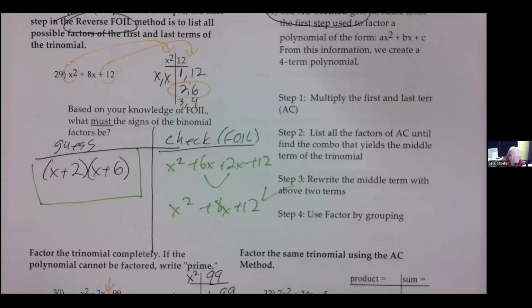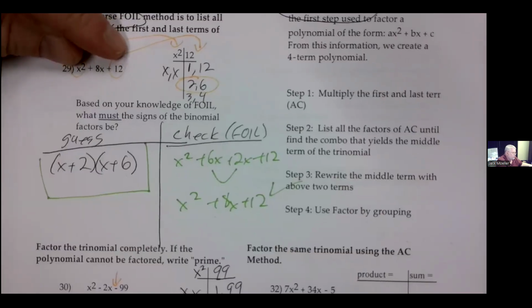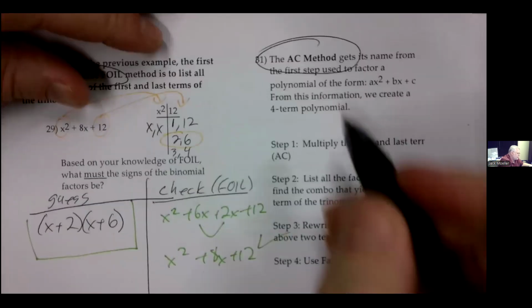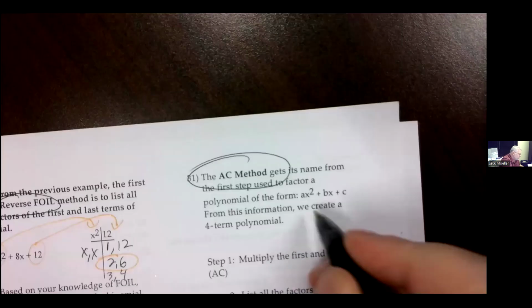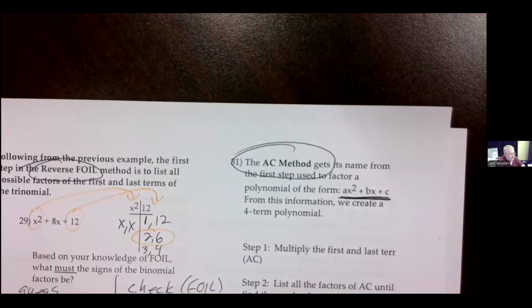So what does the AC method look like? I do have the steps here on page 3. Both methods still start with the first term and the last term. Just what we're going to do with it is different. The reason it gets its name, the AC method, is the generic trinomial that we factor is ax squared plus bx plus c.